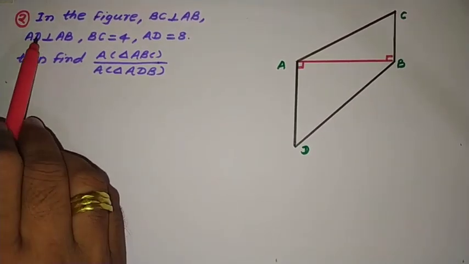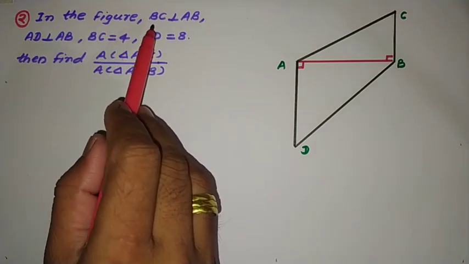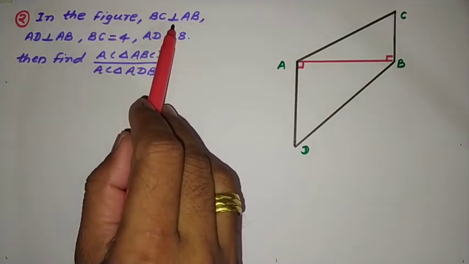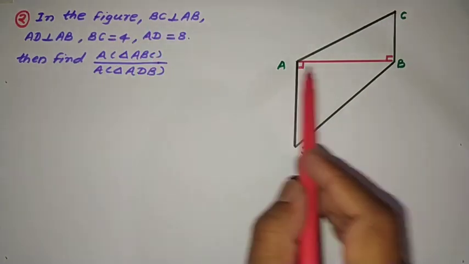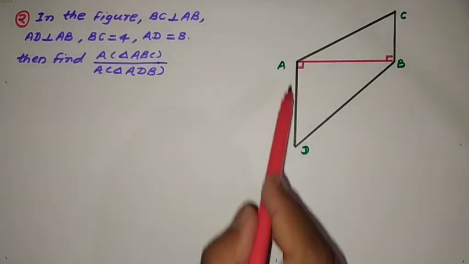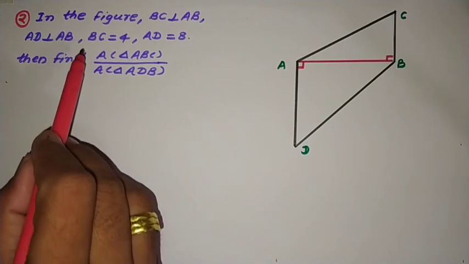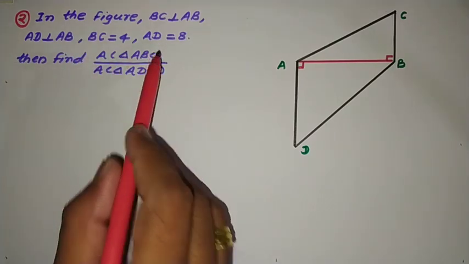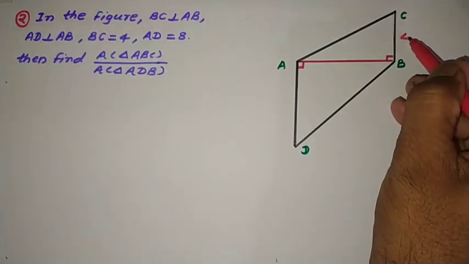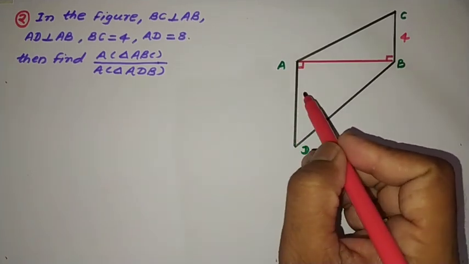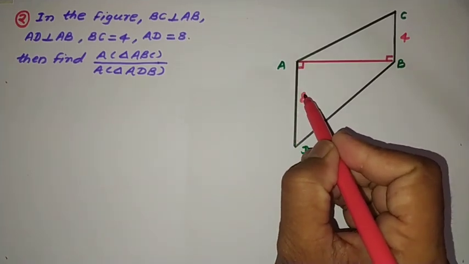Example number 2. In the figure, segment BC is perpendicular to AB and AD is perpendicular to AB. Here BC is equal to 4 and AD is equal to 8.